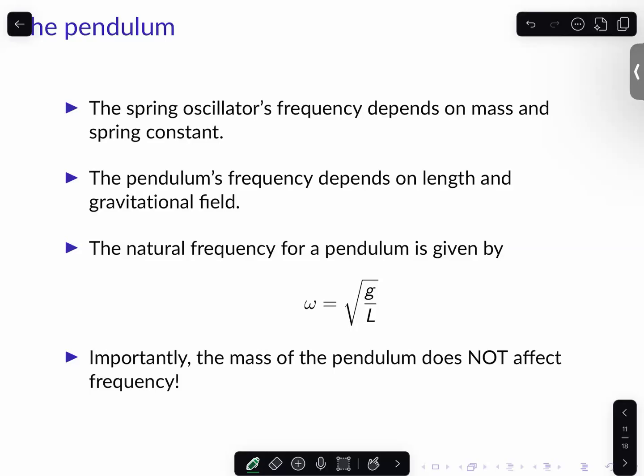I'm going to give you a preview in a minute of waves. I made this point a bit for my lab sections. When you've got a wave, what controls the wave speed is not the wave itself. The wave speed is a property of the medium. The medium controls the wave speed. Everyone's done this lab.